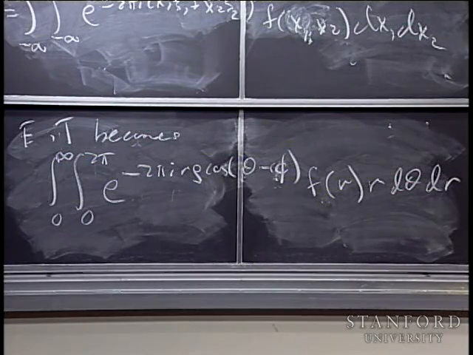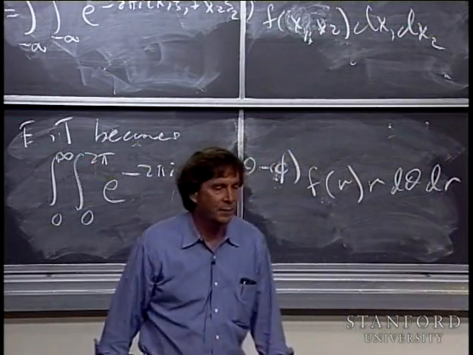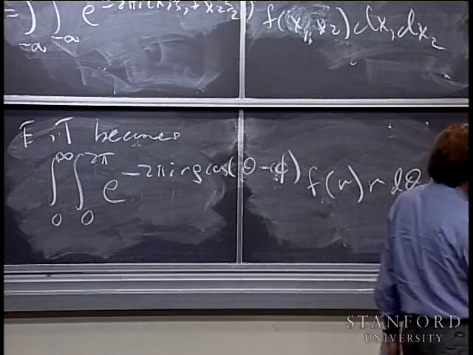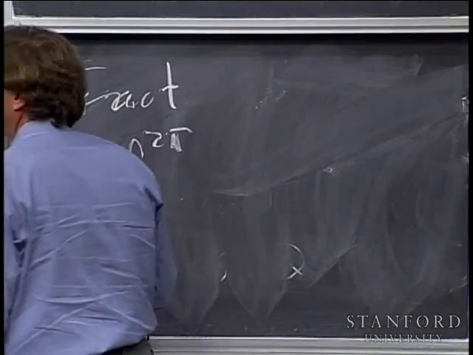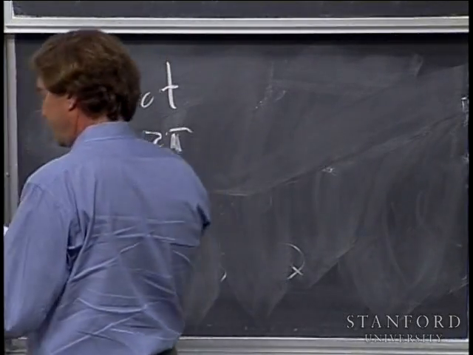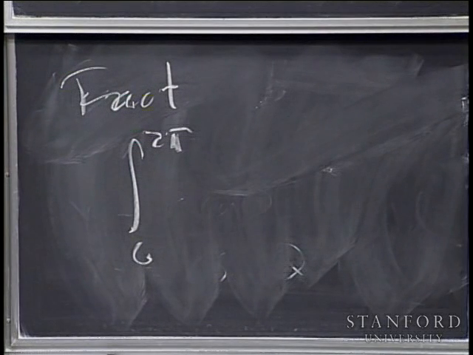There's something important to notice here, and it's discussed in the notes, but I'm not going to prove it for you. Here's what you find. There's an r integral and there's a theta integral. The f doesn't depend on theta, that's what it means to be radial.